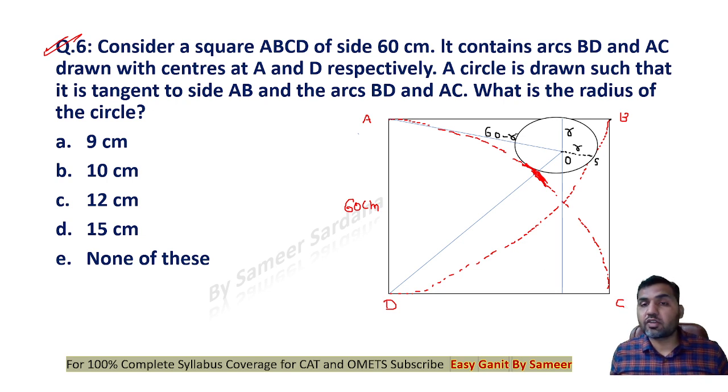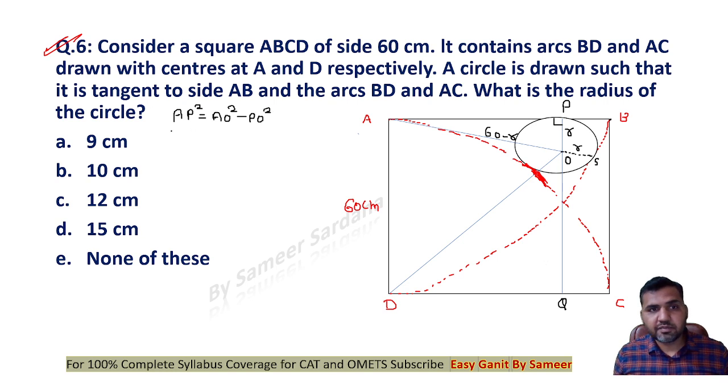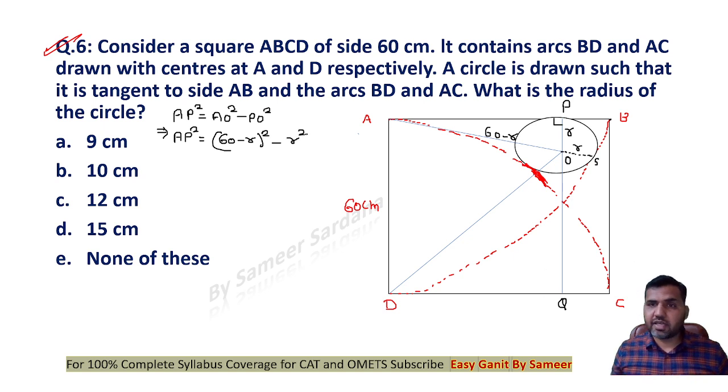If I say this point is P and this point is Q, can I apply the Pythagoras theorem in the triangle APO? AP square will be equal to AO square minus PO square. So AP square will be equal to AO, which is 60 minus R whole square, minus PO square, which is R square.